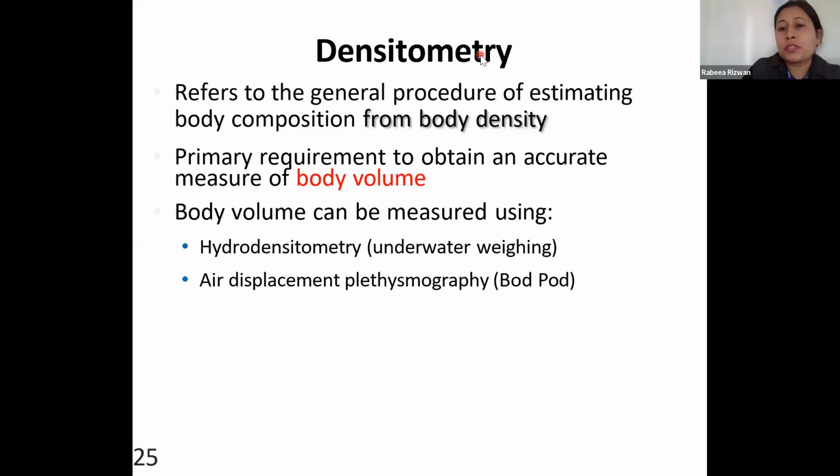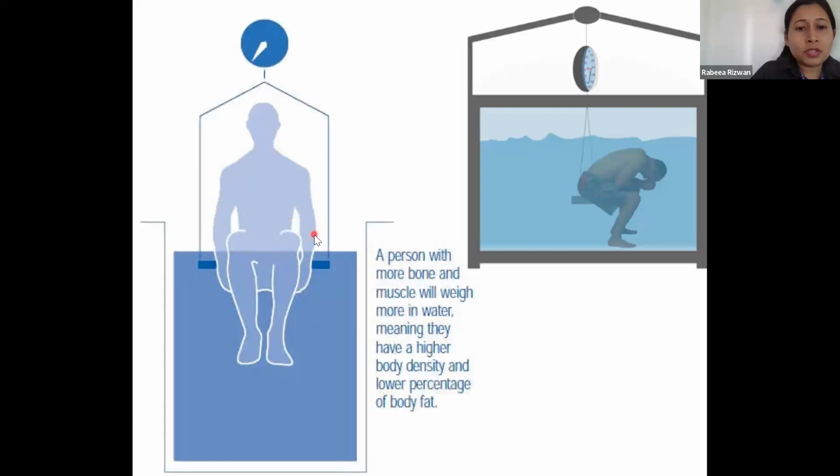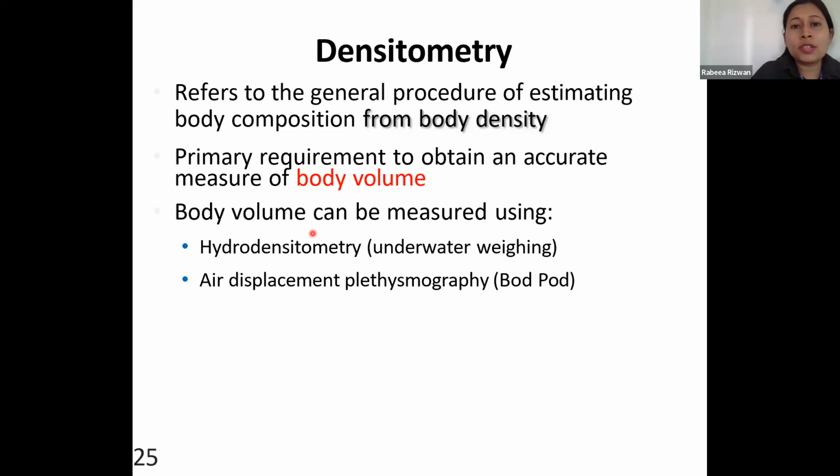Now, what is coming? The word densitometry. It is actually the scale that I showed in the example of submerging in water by the hydrostatic procedure to evaluate the body weight of a person, body composition. This scale is called a densitometer. However, it is also used to measure body density and body volume.